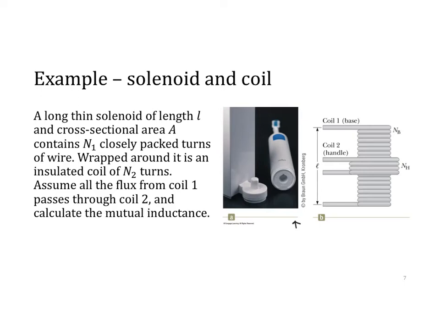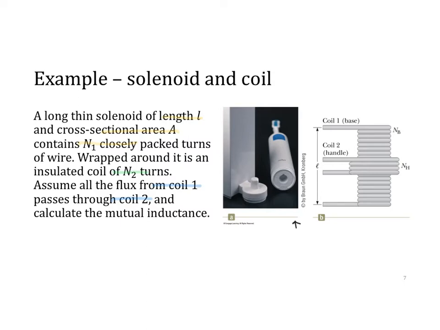So let's sort out what we're given here. We've got a long, thin coil that they're giving us all this information about: length L, cross-sectional area, and turns. So that's our first set of things that we want to write down. And then we want to separate out our second coil with N2 turns. And we're saying all the flux from coil 1 passes through coil 2.